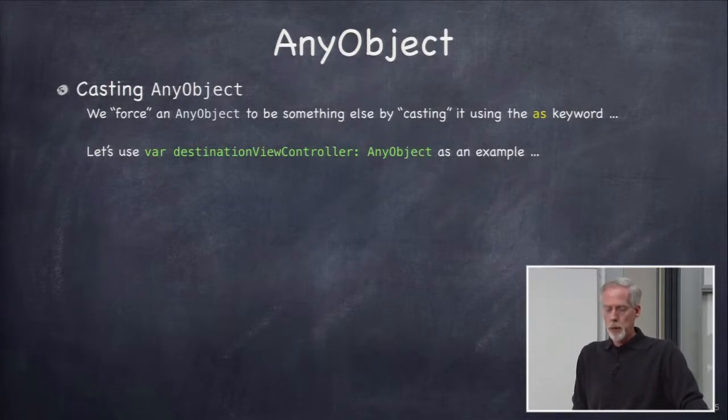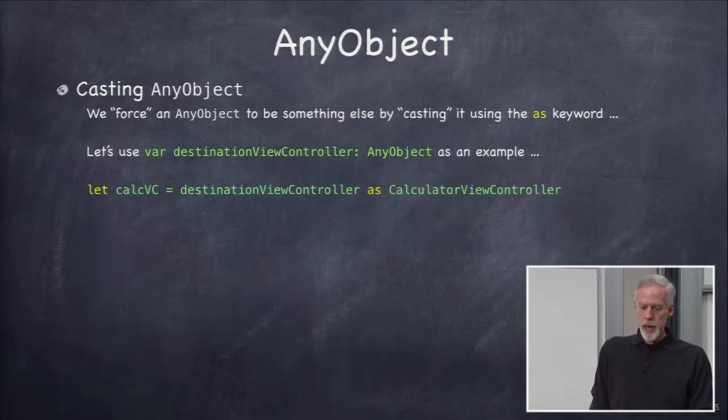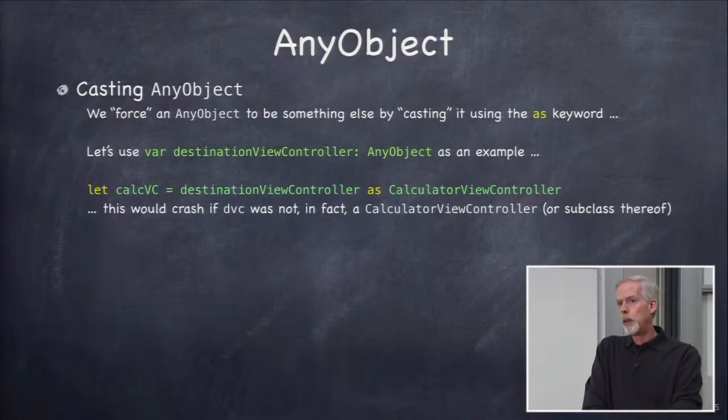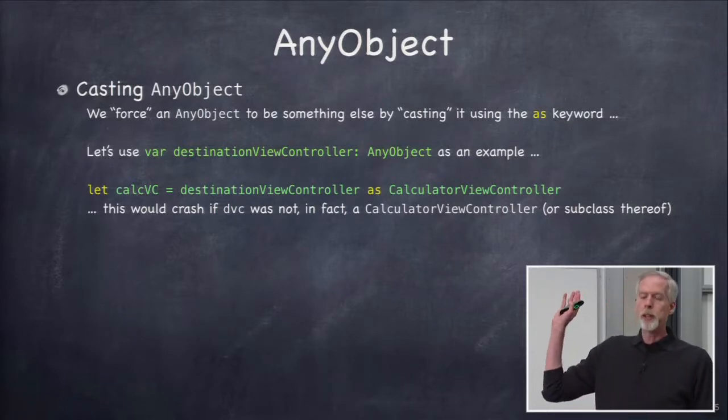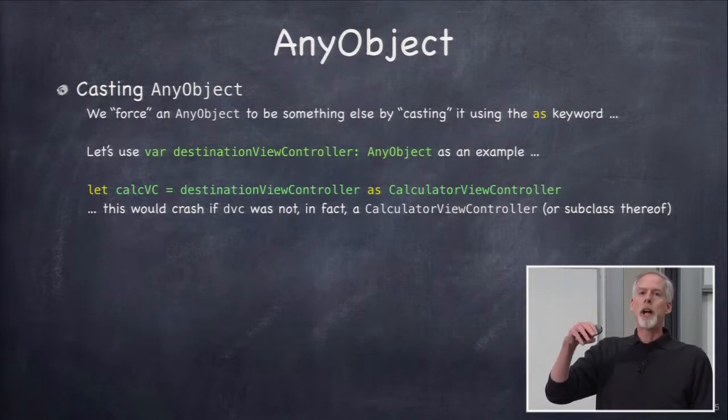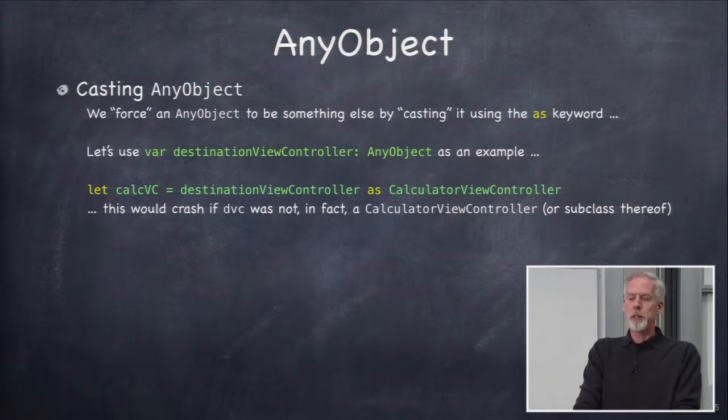So I've got this property, destination view controller. It's an any object. And I know it's a view controller, and I think it should be a calculator view controller. So I'm going to be using calculator view controller in my examples. Imagine we had called our view controller calculator view controller. I'm doing that in the examples because it's just going to make more sense, okay?